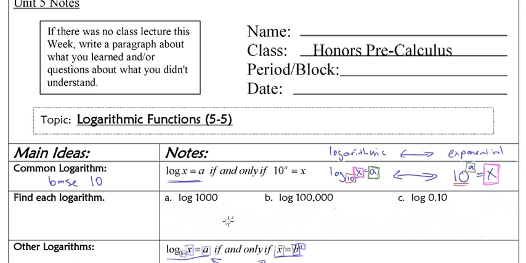All right, with that in mind, let's do these three problems here. So if we have log, and remember this is base 10 if it's not in there, so log 1,000, what it's asking is: the base here of 10 to what power gives us 1,000. And hopefully you can look at it and say, oh, well, that's going to be 3.